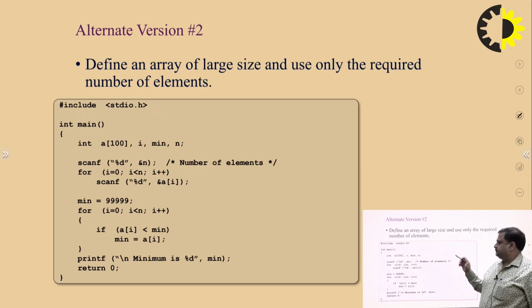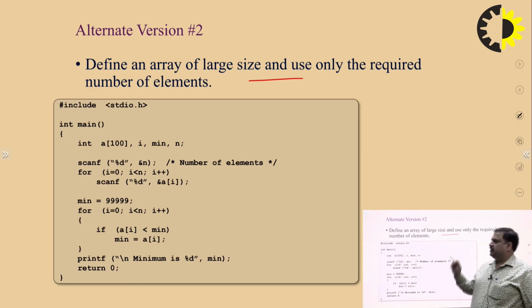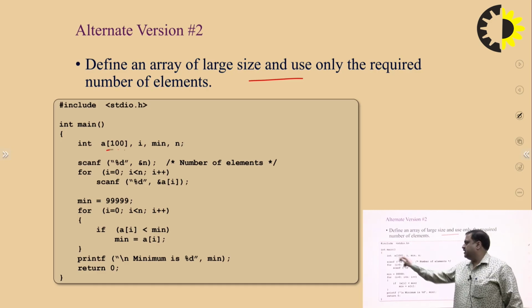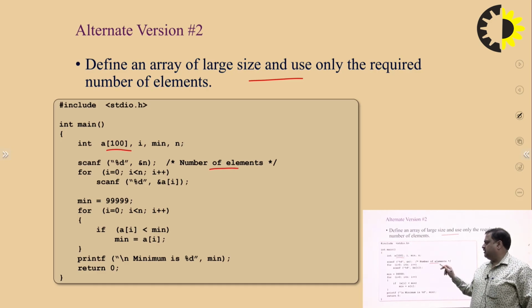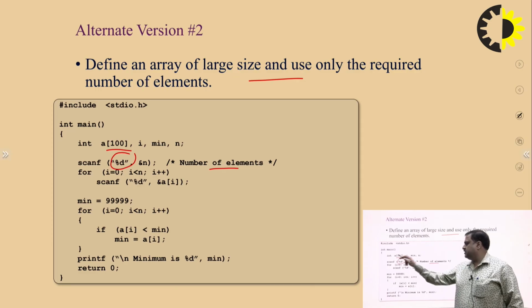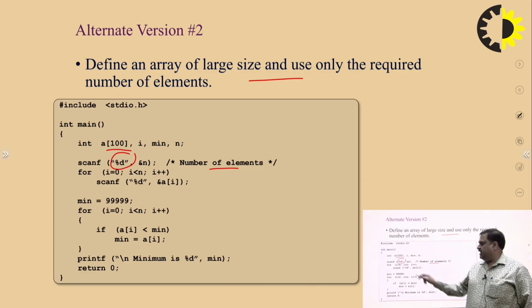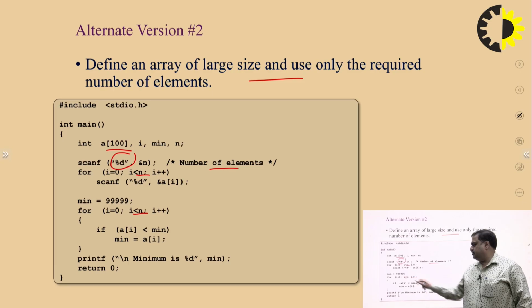Another example: define an array of large size and use only the required number of elements. But this will waste some memory. Like we have taken 100 here, but we take the number of elements from the user, and we use only that number of elements.